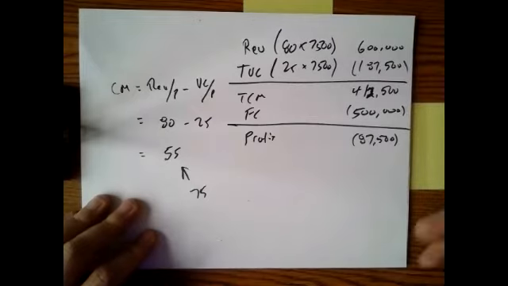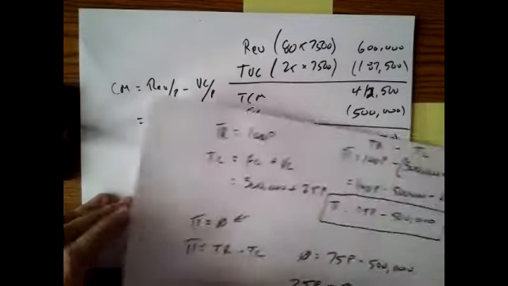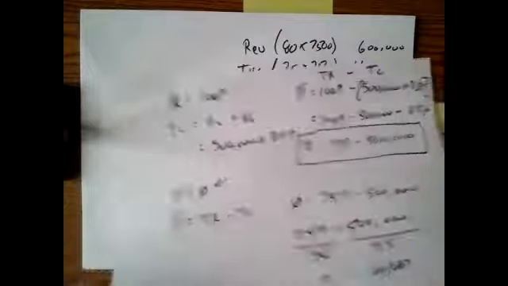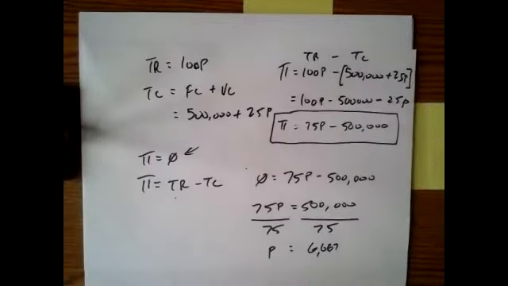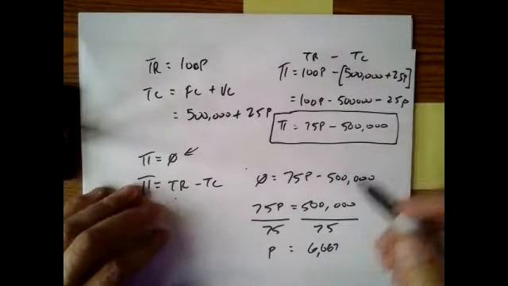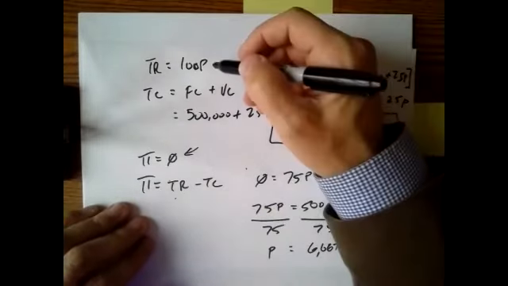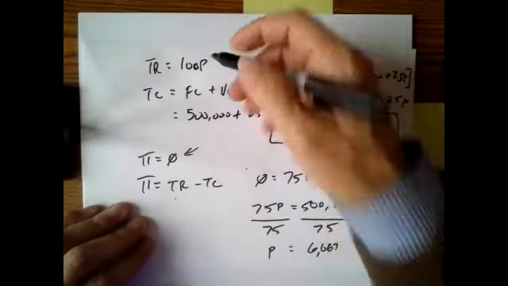And then what is the break-even point? Okay, so with the break-even point, we need to go back and recalculate our profit function. So remember, previously, we said our profit function is profit is equal to total revenue minus total cost. Previously, total revenue was 100p.